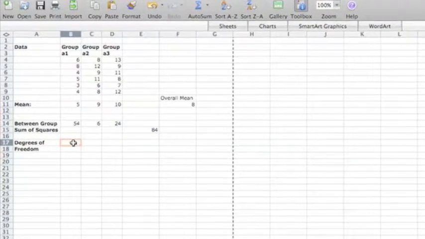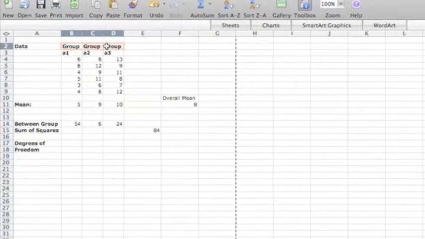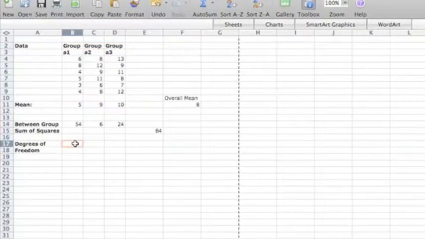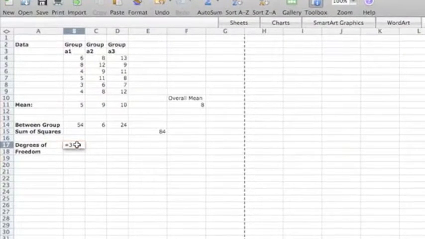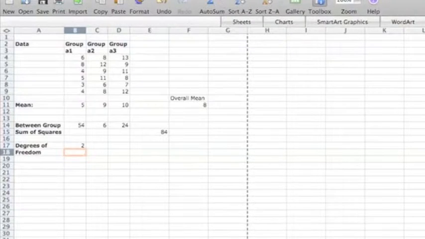We can then calculate the degrees of freedom. There are three groups. Degrees of freedom is always the number of groups minus 1, so that would equal 3 minus 1, or 2.